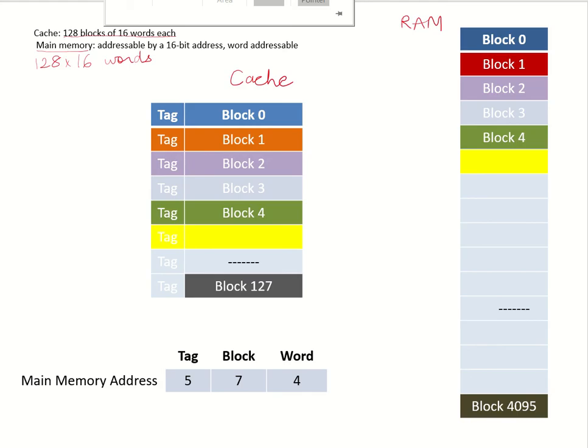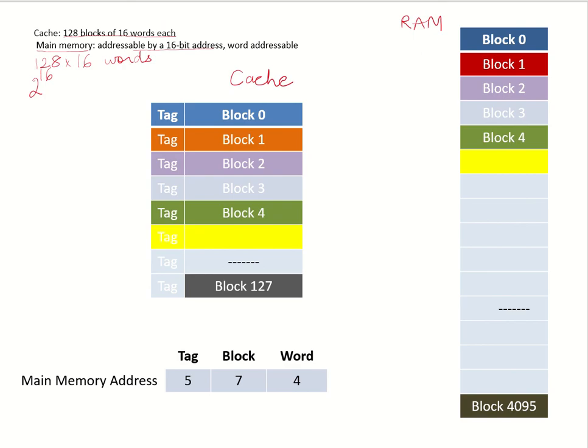We have a main memory which is addressable by a 16-bit address, and it is word addressable. That means the number of words in the main memory is 2 to the power of 16. This is the main memory block. If the blocks are of 16 words each, how many blocks will be there in the main memory?